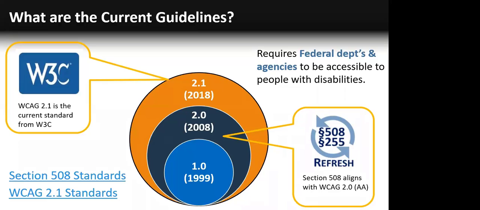What that means is if your company is following the 2.0 standard developed in 2008, you are in essence Section 508 compliant as well. There was another update just a couple of years ago in 2018, not quite as extensive, but there was one. And that's the current standard.